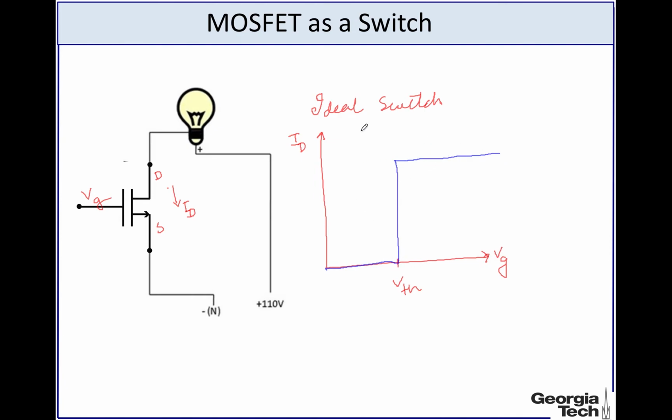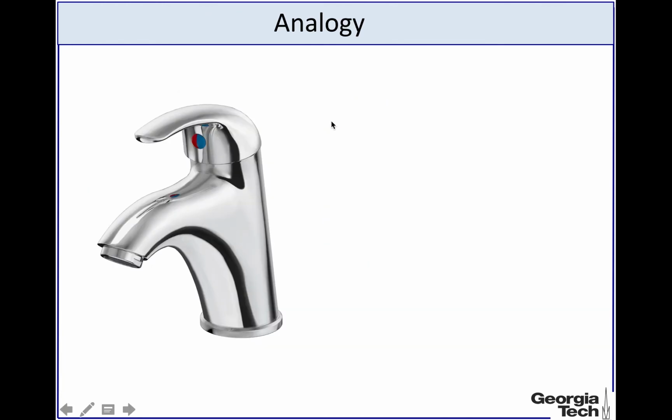So that's the desired behavior of a MOSFET, or the behavior of an ideal switch. In this class we will see how these characteristics look like for a MOSFET, and we'll also try to see how we can improve the behavior of a MOSFET so that it becomes very close to that of an ideal switch.